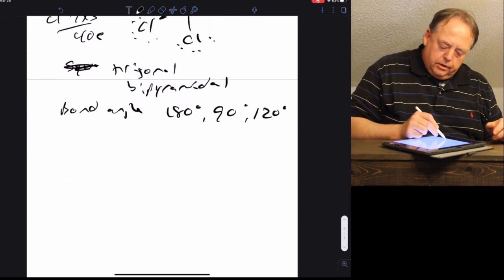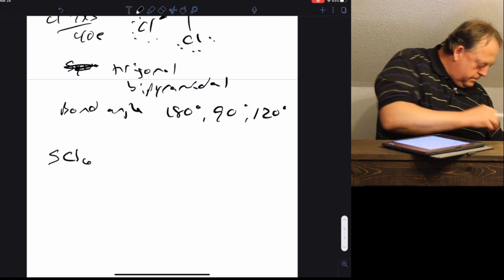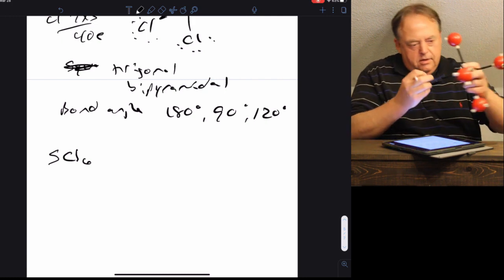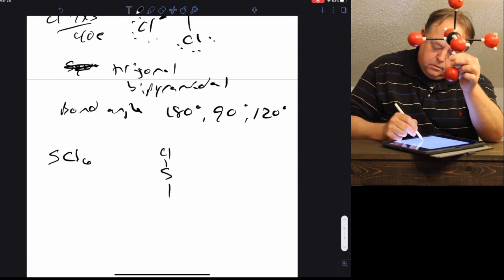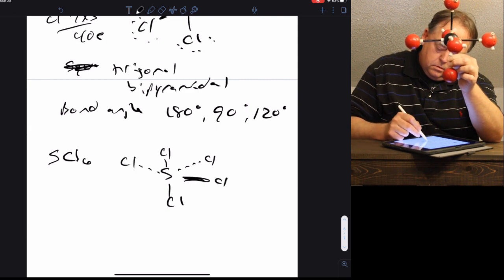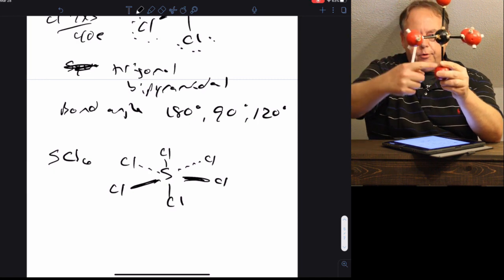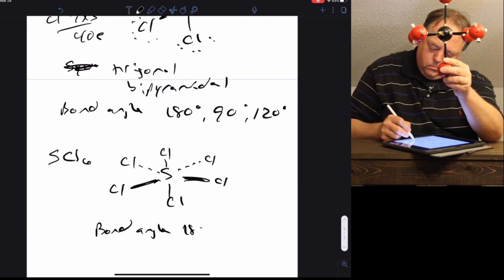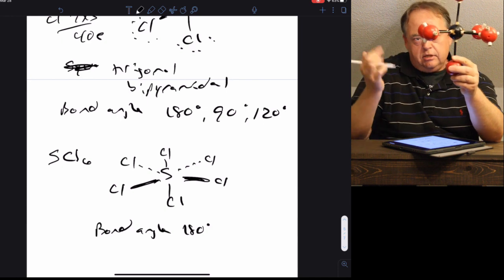And if we had a molecule with 6 things on the central atom, like SCl6, then that molecule would look like this. So we have a 180 degree bond angle there, and then a bunch of 90 degree bond angles.